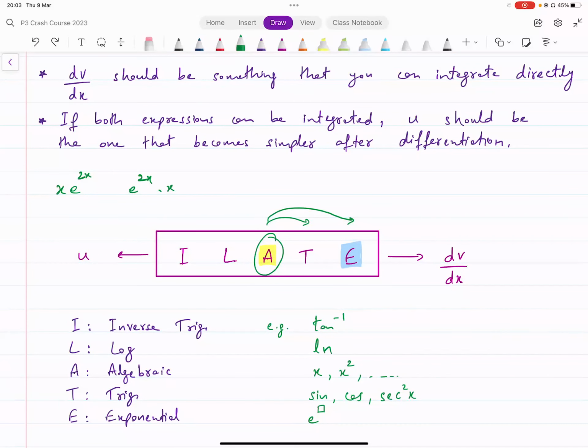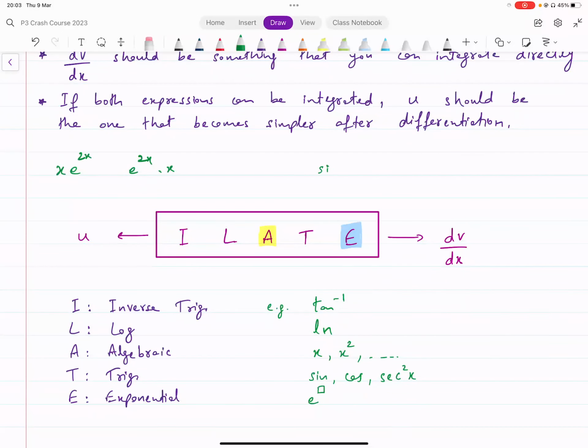So this should be u. Trigonometric functions and exponential functions, on the other hand, don't become simpler. For example, sine becomes cos when differentiated, cos becomes sine. So they don't really become much simpler. e power something remains e power that. So these are two functions which don't become simpler. So we generally take them as dv over dx, right?